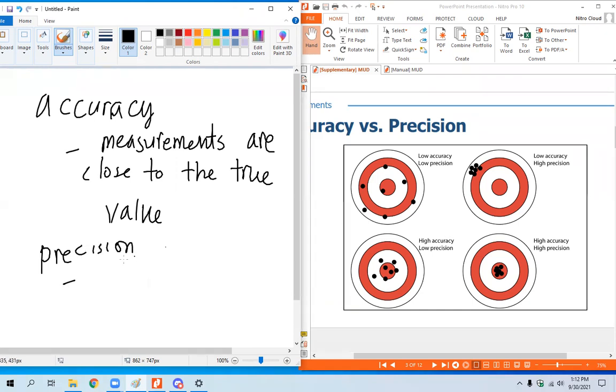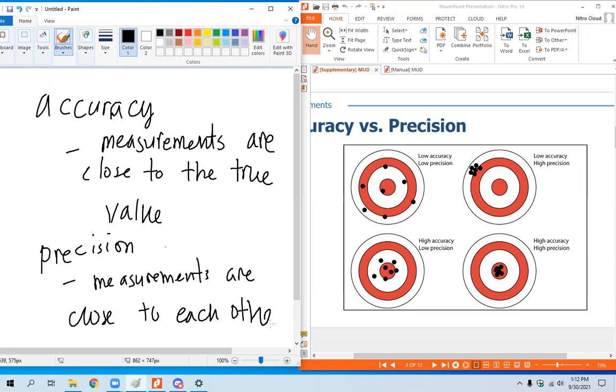Sorry for the pangit na penmanship, guys. So measurements are close to each other. So that's how different these two concepts are, although they can be in harmony with one another.